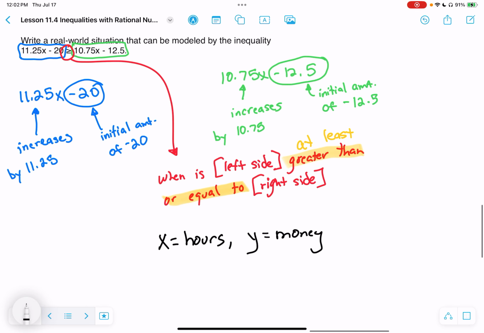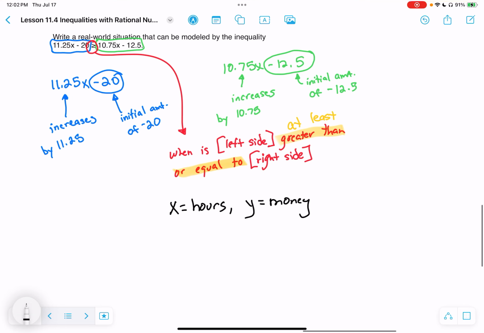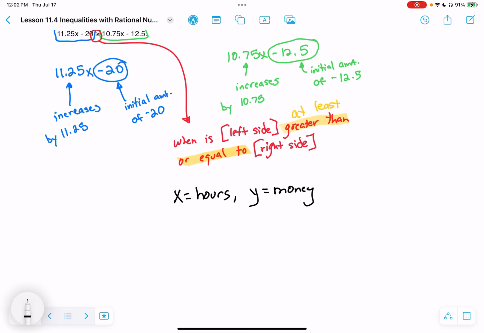One guy makes 11.25 an hour and one guy makes 10.75 an hour. Seems reasonable. But why would guy number one have minus 20 and guy number two have minus 12.50? Maybe it's how much it costs them to get to their job, like maybe they have to Uber to their job. Guy number one lives farther away, so it costs him more to Uber to his job. So let's go with that.